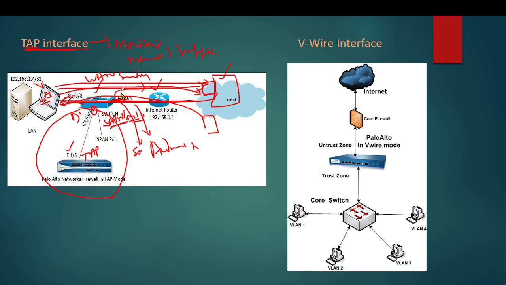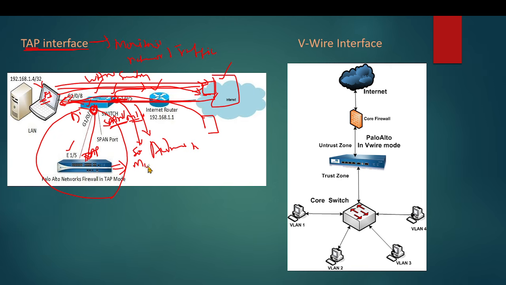When we configure that, whatever traffic is received on this interface will be reflected on this interface as well. This is the source mirror and this is the destination mirror, reflecting the same traffic. Once the traffic is received on this interface, it is sent to the firewall.